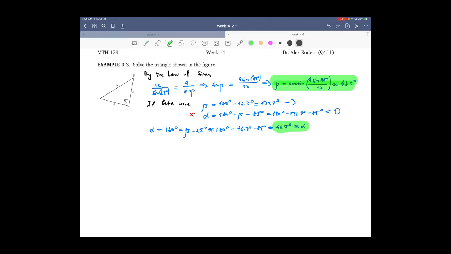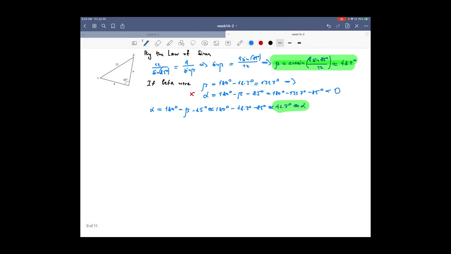So we know two sides, we only need to find side A. To find side A, we again use the law of sines. So we can write 12 over sine 85 equals A over sine alpha.